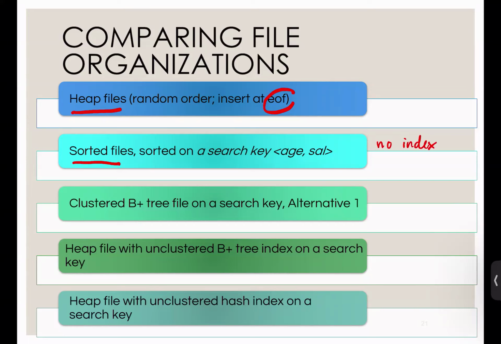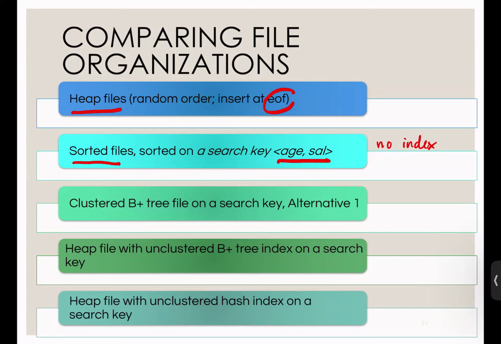Just make sure that your file is sorted at all times. Let's say we assume that it's sorted based on the search key, which is a composite key. So sort based on age first, and if we have the same age, we sort based on salary. So this is how we make assumptions in our analysis: a sorted file, no index, sorted on age and then salary.